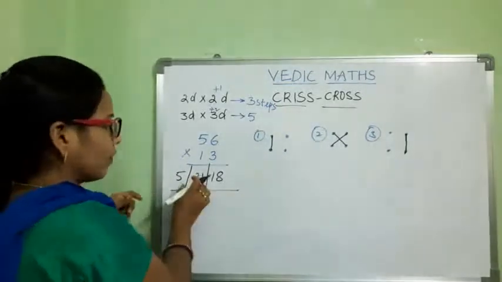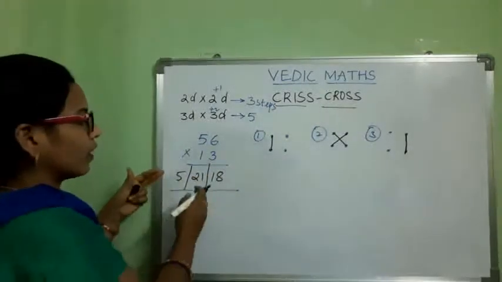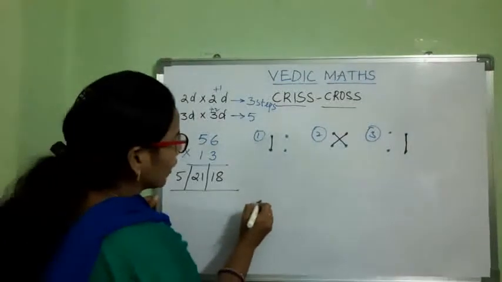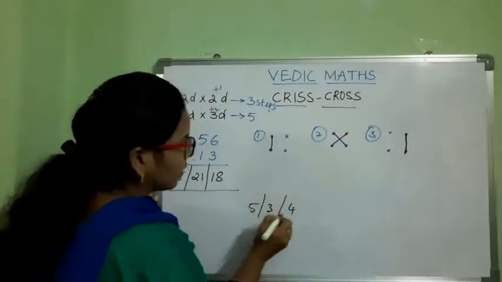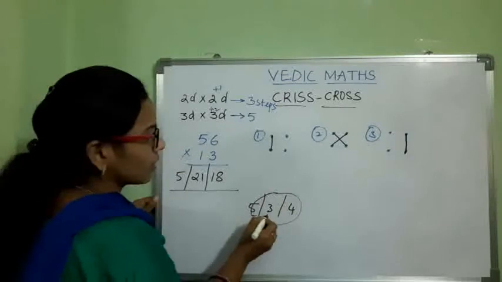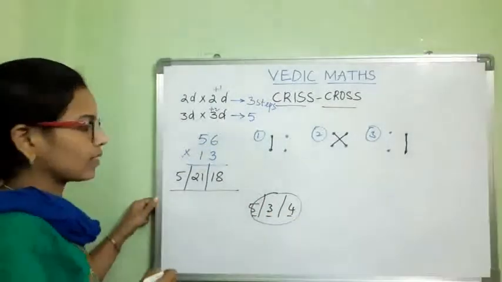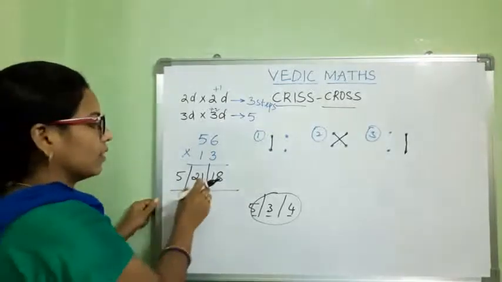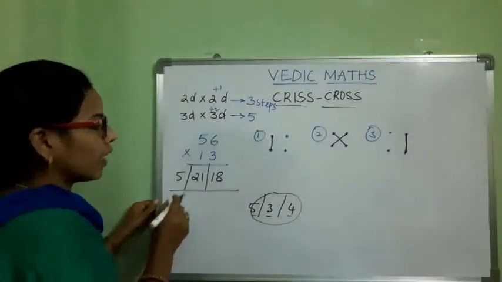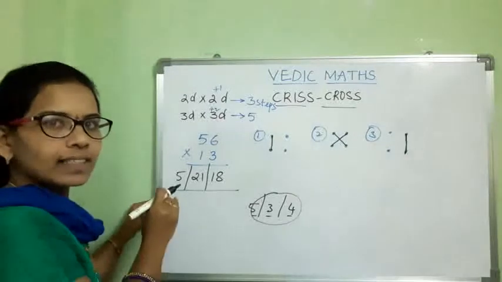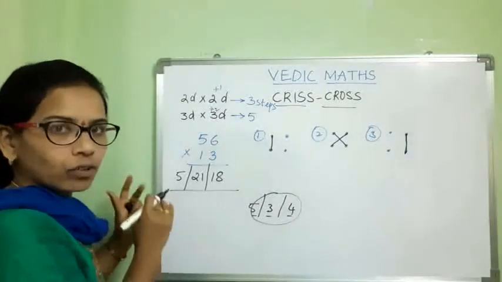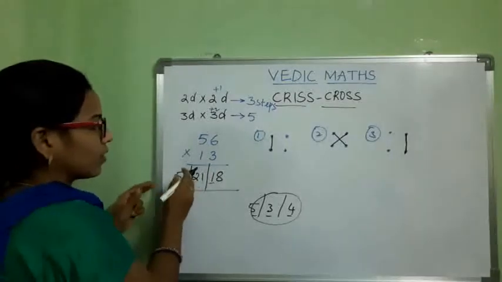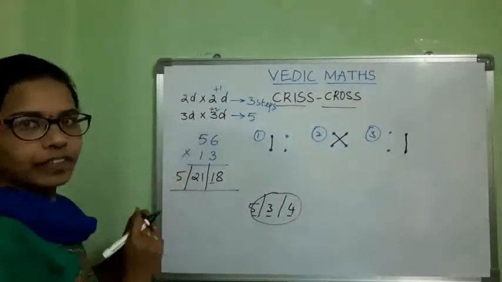Here we got 2 digits for every slash, not single digits, so we have to simplify and balance them. Balancing means carryovers. We carry over here, and after getting this one also we carry over if needed.